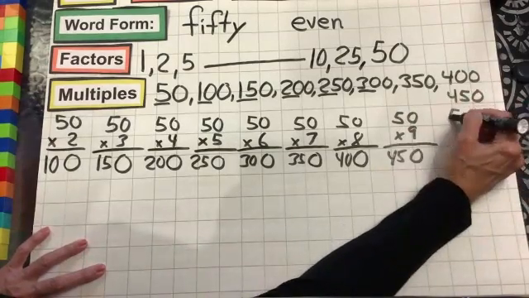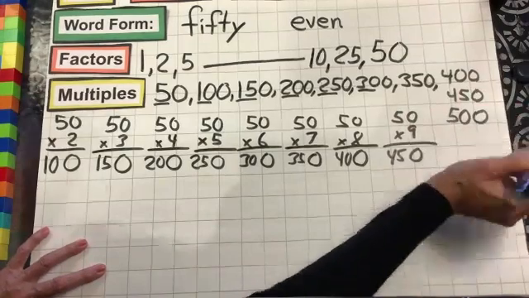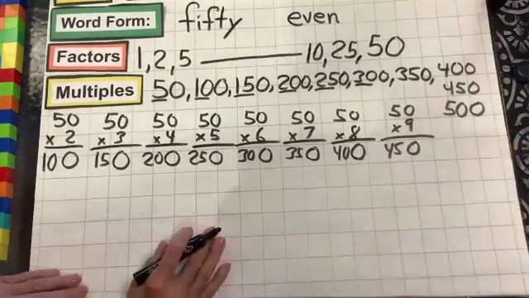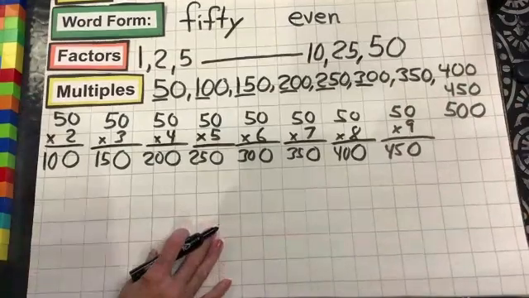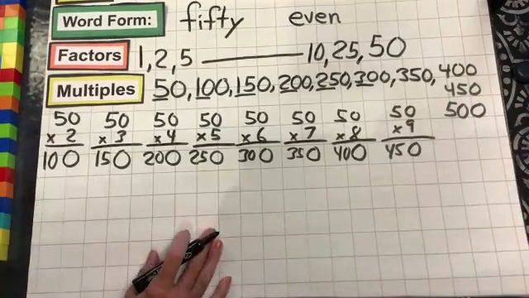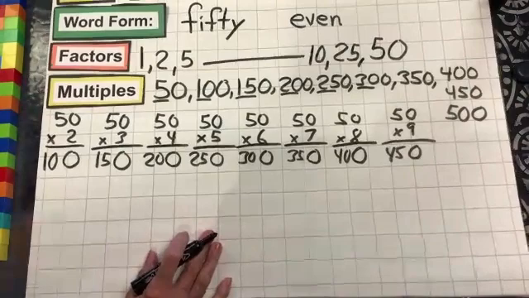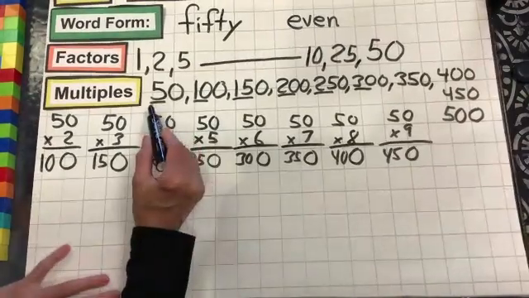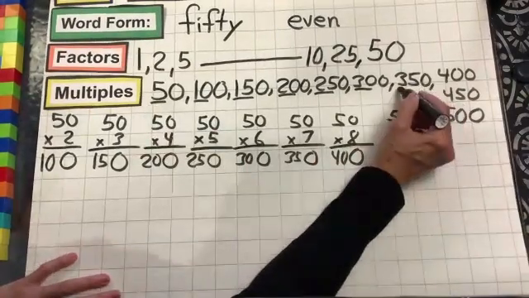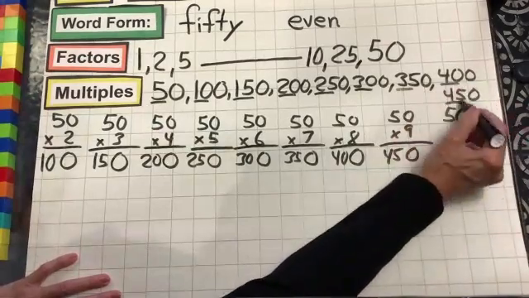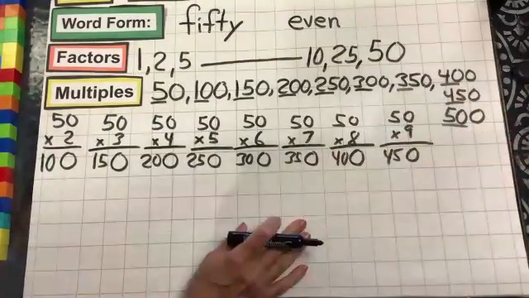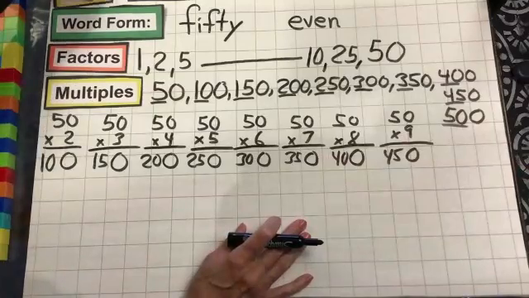And 10 times any number is that number with a 0 in the ones place. All right, so we went through all of our multiplying by 50. And we can see the pattern is basically counting by 5s, except for adding a 0 in the ones place. So looking good. Let's move on to our addition.